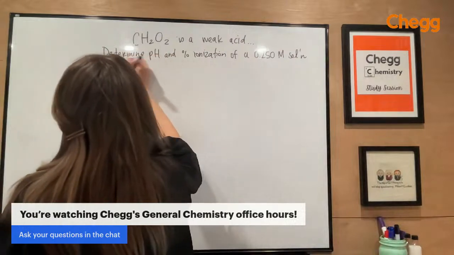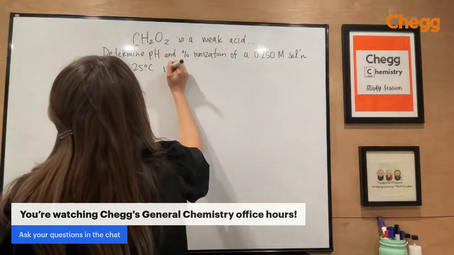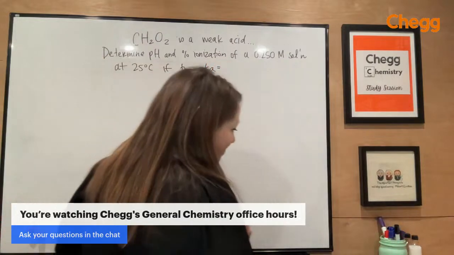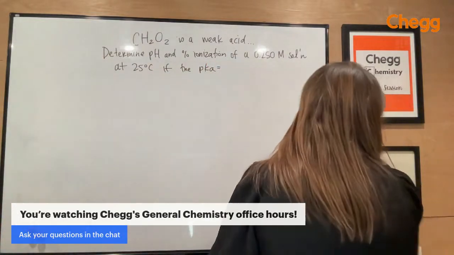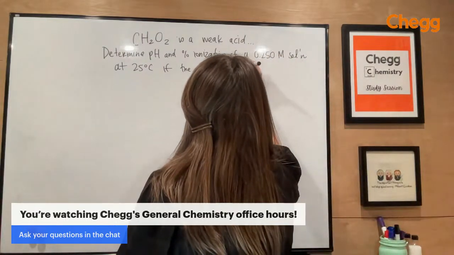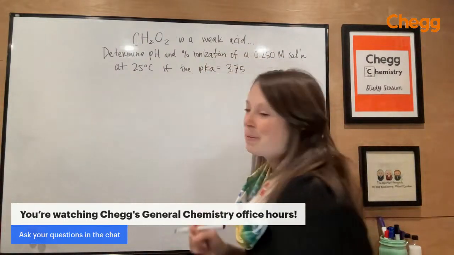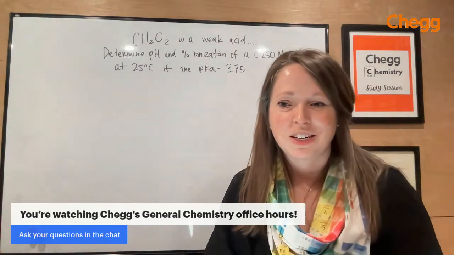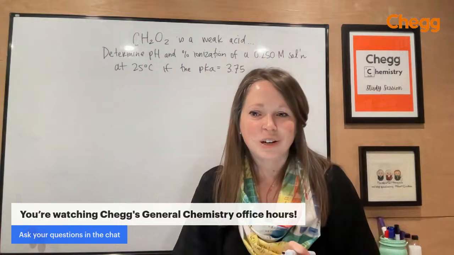Okay, I guess we should technically say at standard conditions, if the pKa is, let's see, what is that? 3.75. All right, and I promise if you're here to learn balancing, I will do some balancing too before the session is over. All right, so let's go through this.